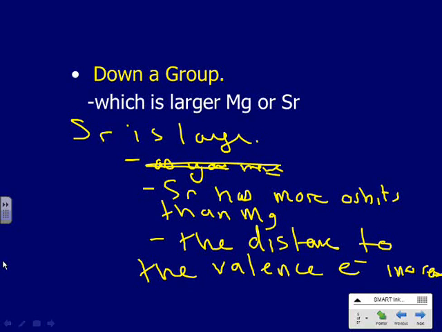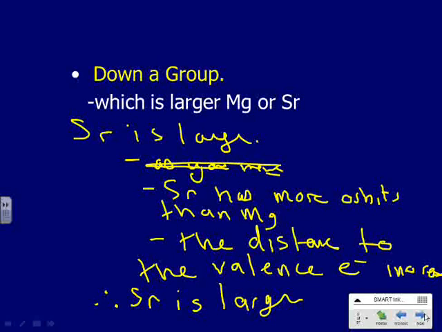My smartboard isn't even lined up anymore. And you know what? We really don't need to talk about electrostatic force here. You've got your argument. It has more orbits, and the distance to the outer electrons increases. Therefore, strontium is indeed larger. You make your argument and you finish it off with that concluding statement. That's an easy one. Okay?